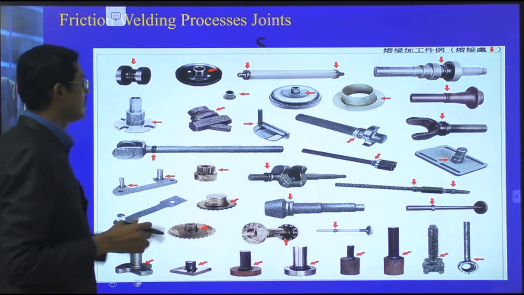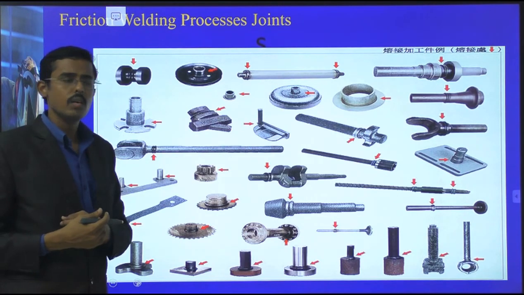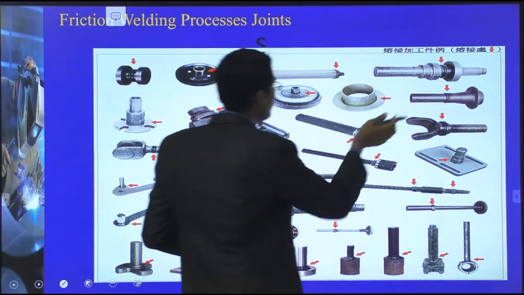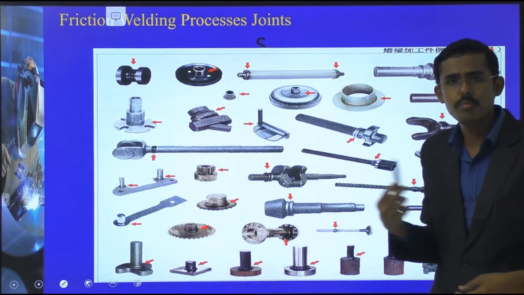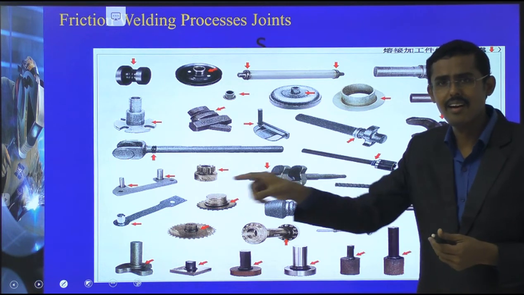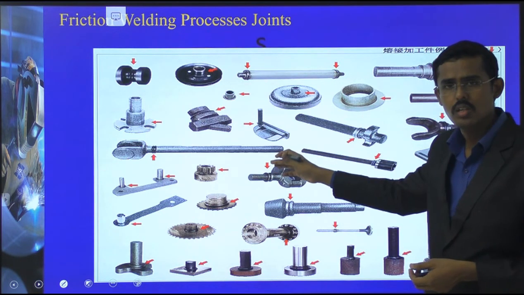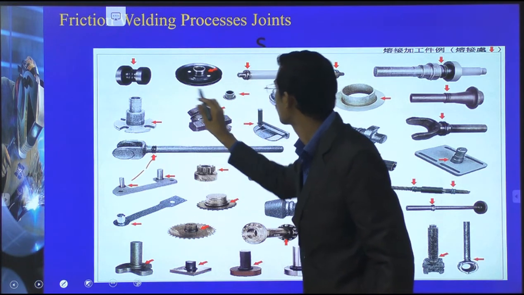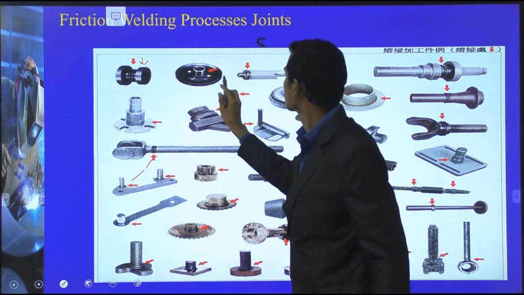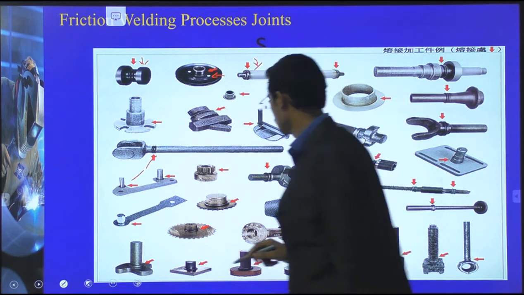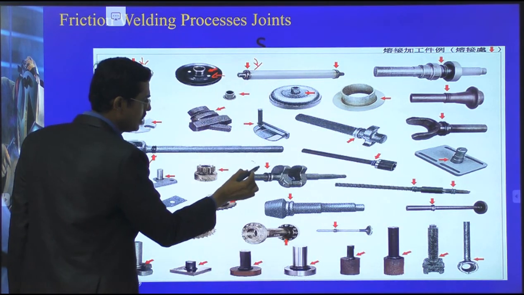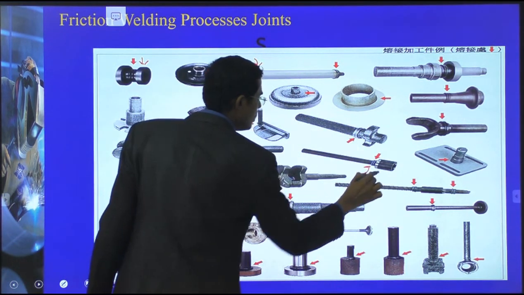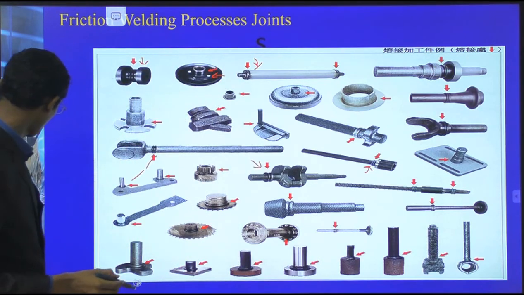You see the various images we can look over, all belong to round jobs, bars, or rod items. Have a look at how many possibilities of friction welding there are. Each location I have noted in red color, you can see. All these processes are done by friction welding methods.